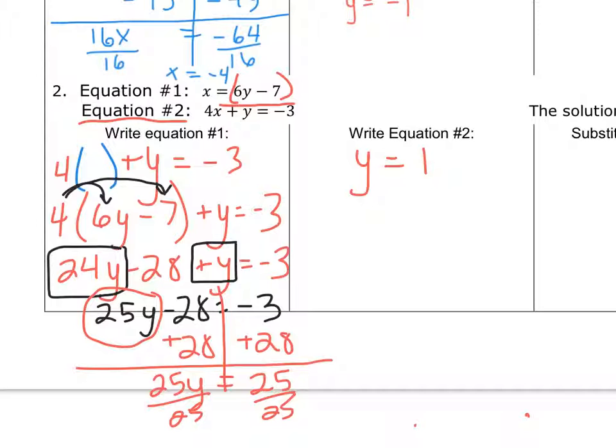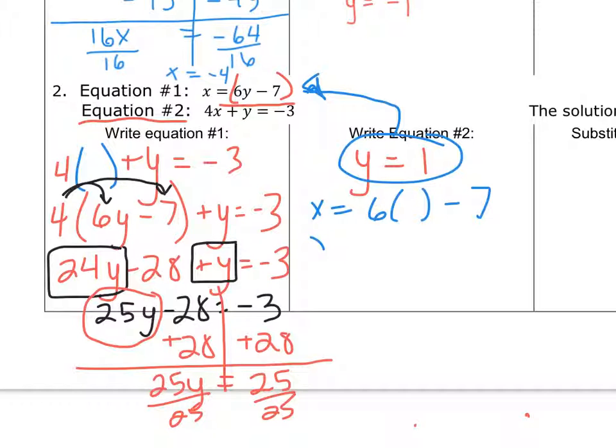So now I'm going to take that information, y equals 1, and plug it back into this top equation. So I've got x equals 6, but I'm going to take out my y, so I'm just going to put parentheses there. So 6y minus 7. So x equals 6, and what I'm putting in my parentheses is 1, because that's what y equals, minus 7.